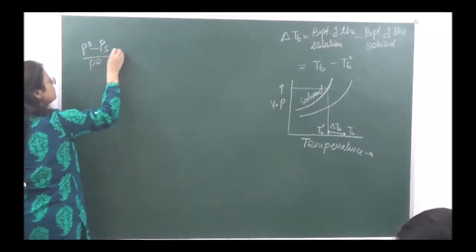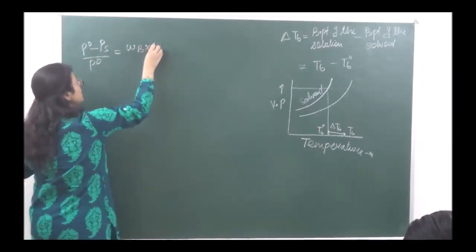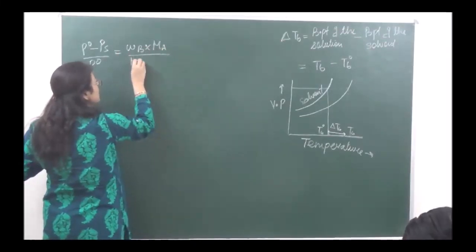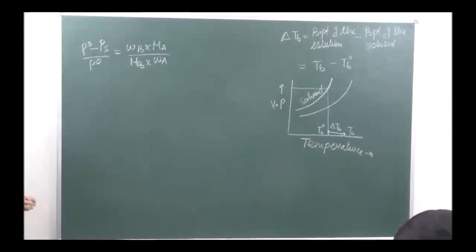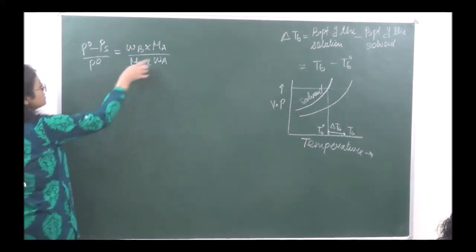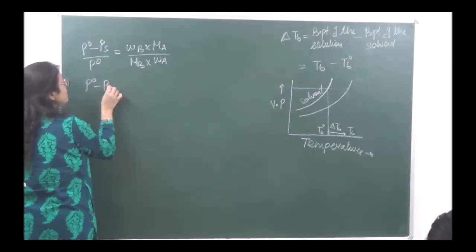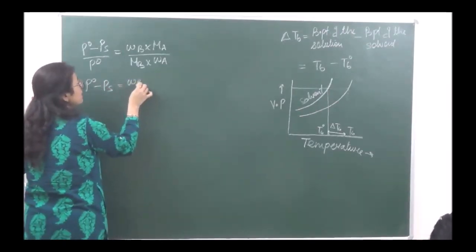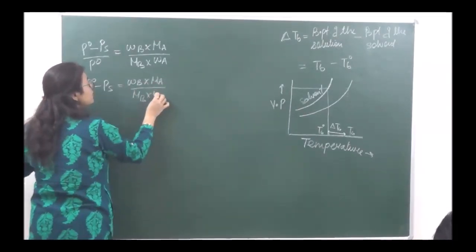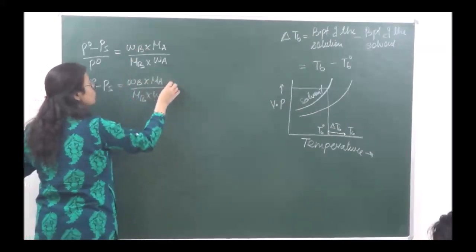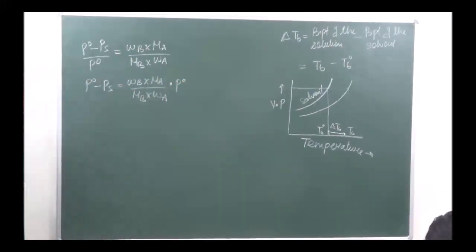Now if we want to derive a relationship, let's start with Ps upon P naught, that is equal to Wb into Ma upon Mb into Wa. This is the expression given for relative lowering in vapor pressure. Okay, so if we take P naught minus Ps, P naught minus Ps is equal to Wb into Ma upon Mb into Wa, into P naught, since we have taken this P naught to that side, right?